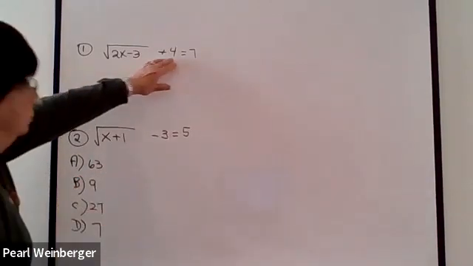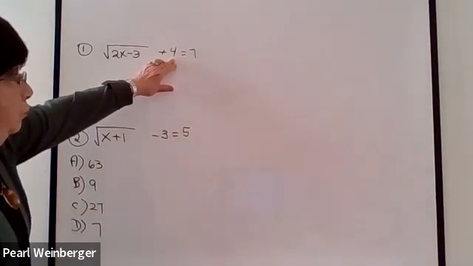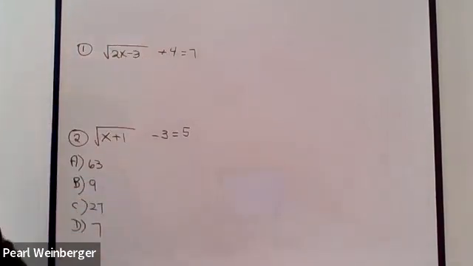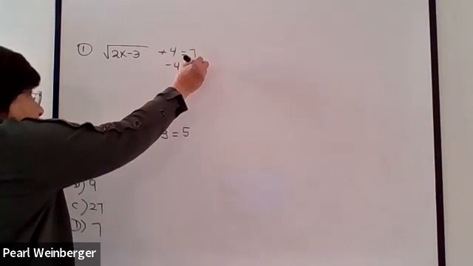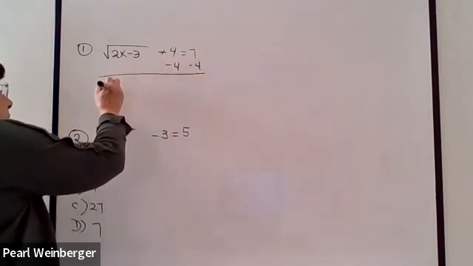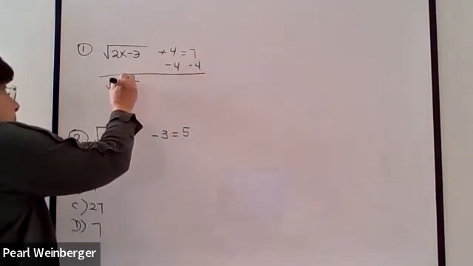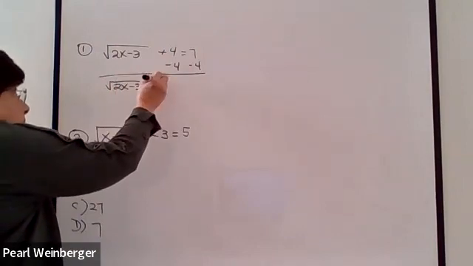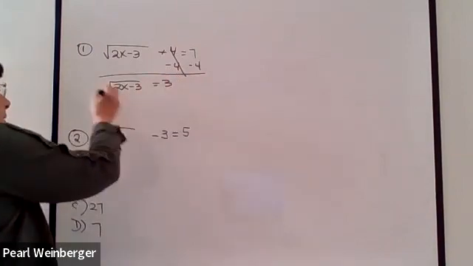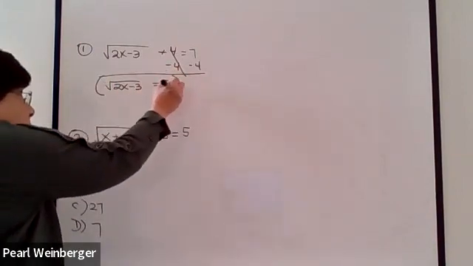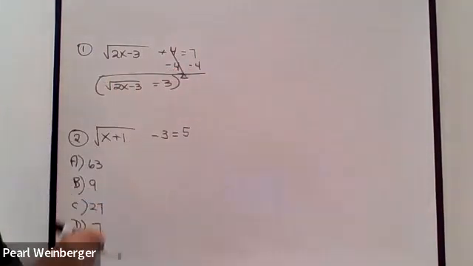So the first thing we're going to want to do is get rid of this 4, so we have the radical by itself. So I'm going to subtract 4 from both sides, which will give us the square root of 2x minus 3 equaling, well, 7 minus 4 is 3. And now we're going to square both sides to get rid of the radical.